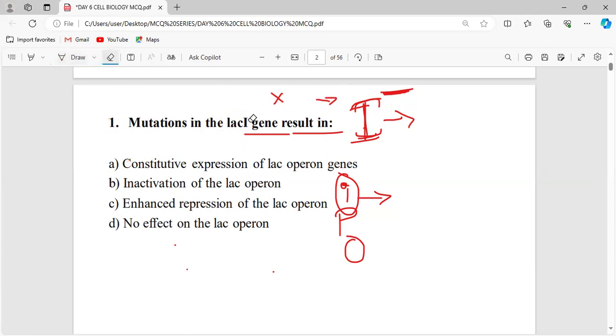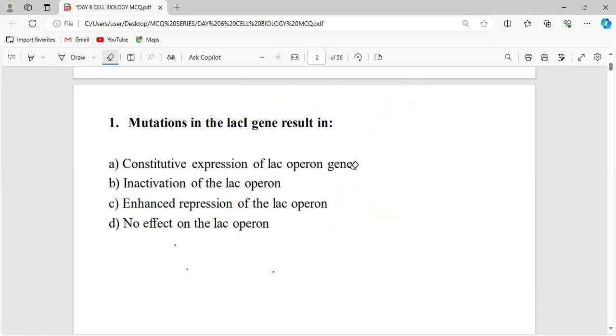See, before that, I want you to note the structure of this lac operon, how it looks. See, this will be the regulatory gene. And here we can see the CAP site.